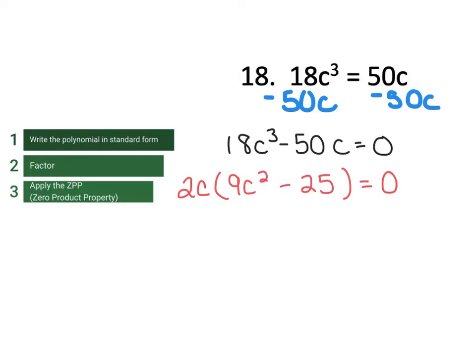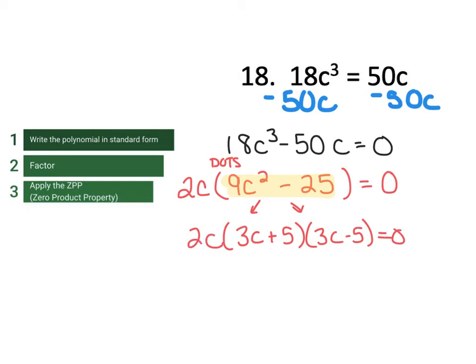Now I'm going to look at this quadratic binomial in here, and that looks like my favorite pattern, the dots pattern, or difference of two squares, which factors into 3c plus 5 times 3c minus 5. And I'm going to bring down my GCF. Each factor is linear, so I know I cannot factor it any further.